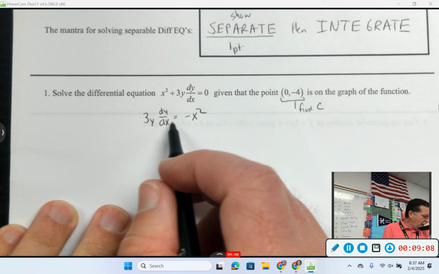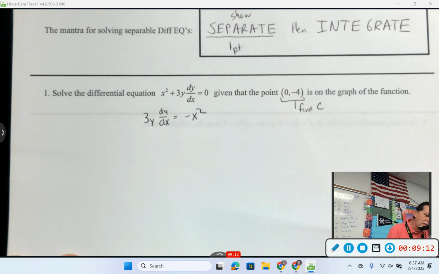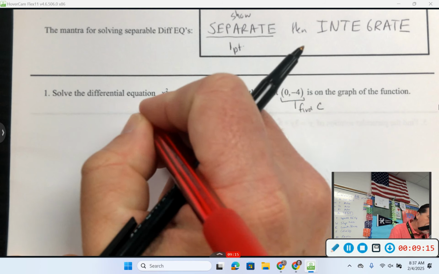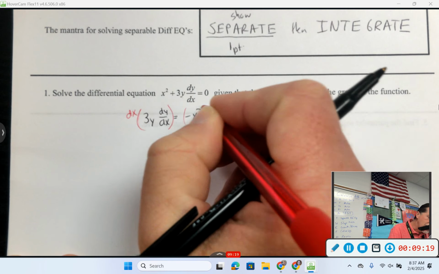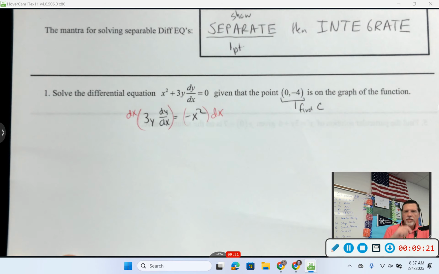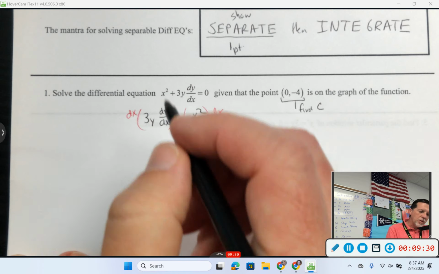And then this next step is a little bit fuzzy, because we're going to multiply by dx. I almost shouldn't say it's fuzzy because it's fine to do. It's just dy/dx is usually one thing, and now we're going to separate it up.